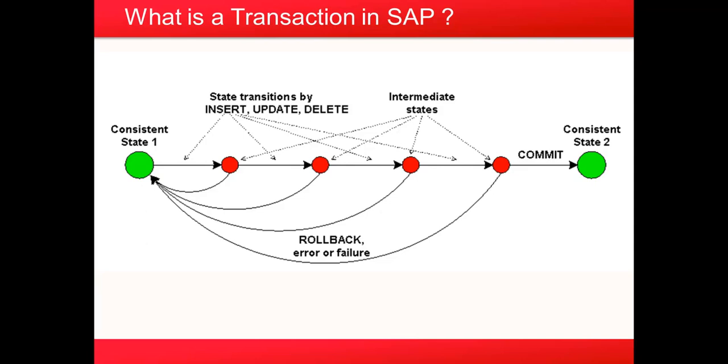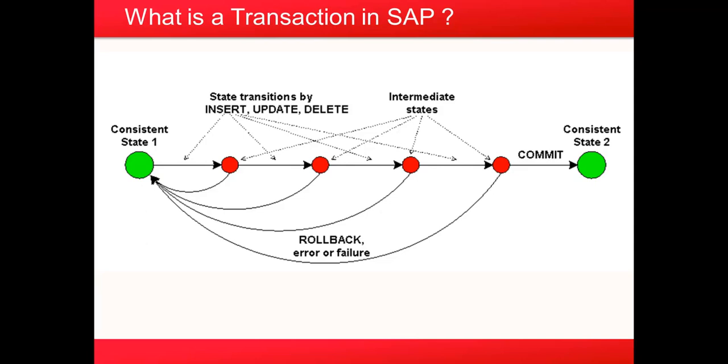So even if the sessions are in parallel, it doesn't matter. The output will be the same as if they were processed in sequence. Since competing transactions can access the same database objects, the database system uses locks to isolate individual transactions.